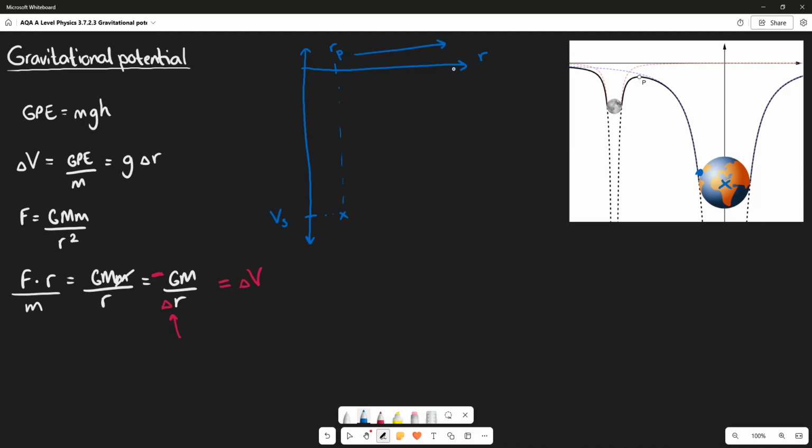As the radius gets larger, the gravitational potential will increase. And we can see from this relationship that gravitational potential is proportional to the inverse of radius. So this is going to be a curve that never quite reaches the x-axis.